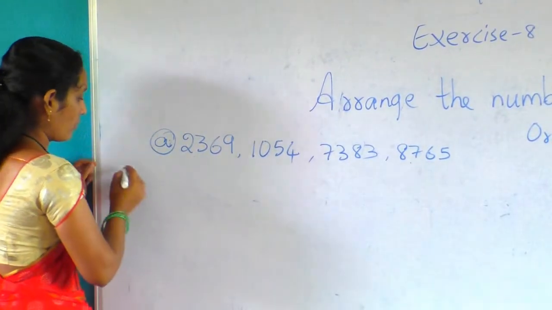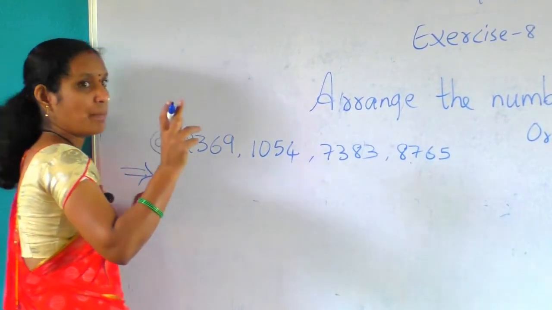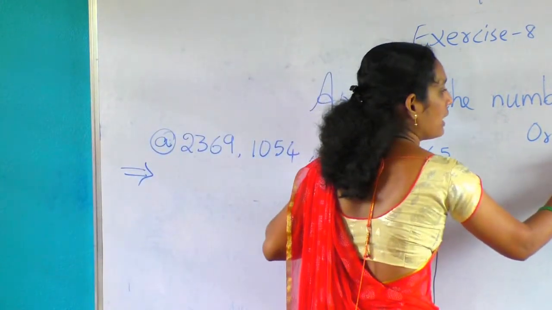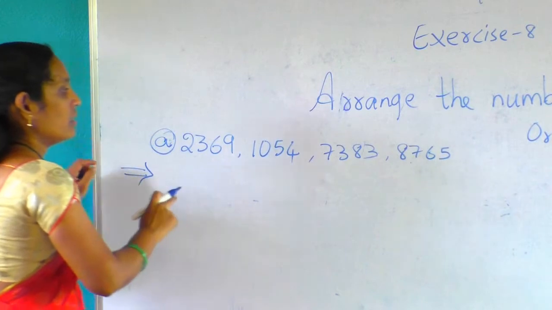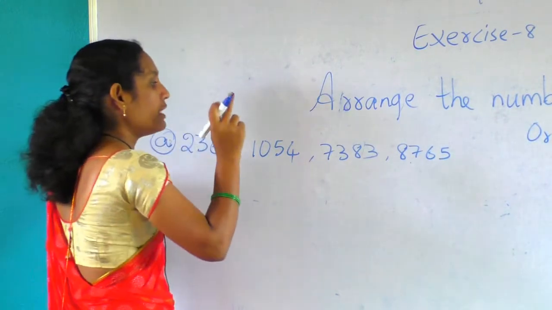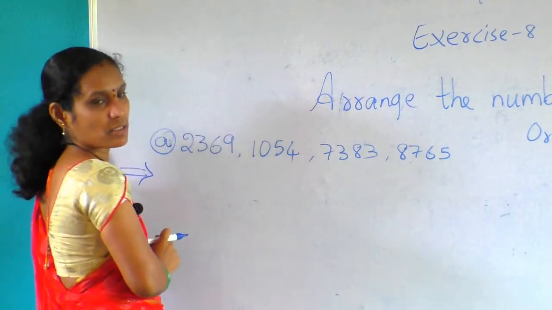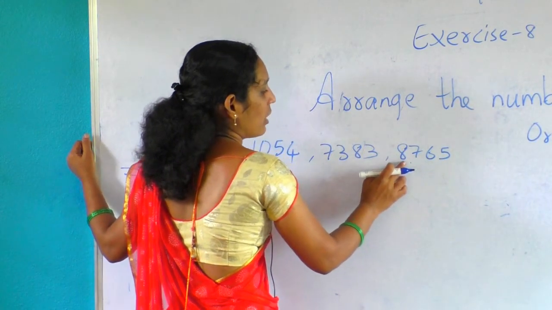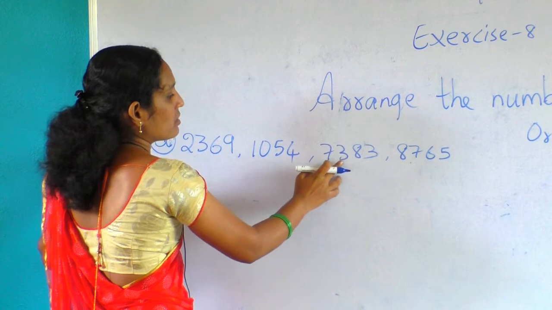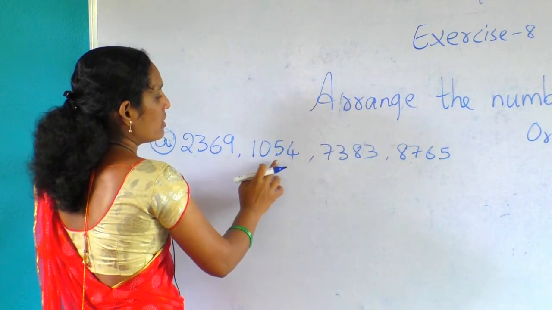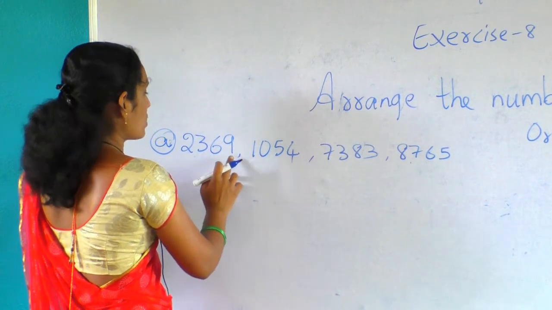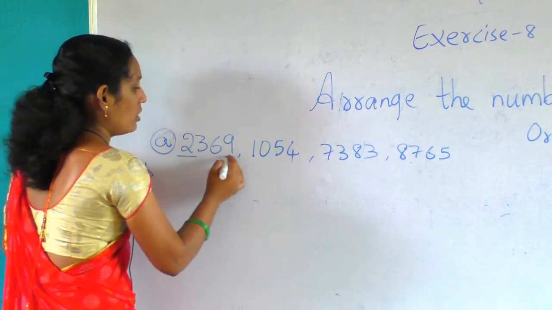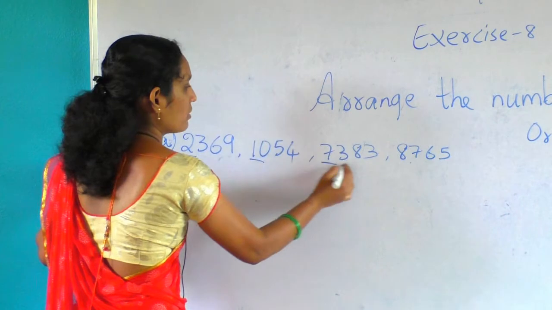Okay. First biggest number. Descending means first biggest number we should write. Then I told you before, first you see the place value of the numbers. See, ones, tens, hundreds, thousands. All these are in thousands place, right?